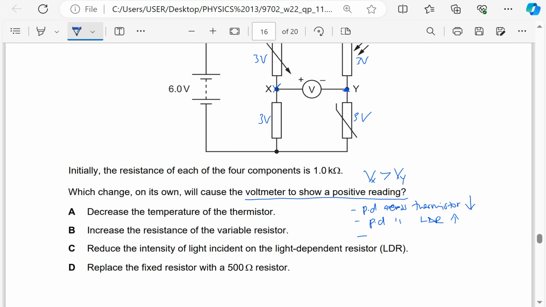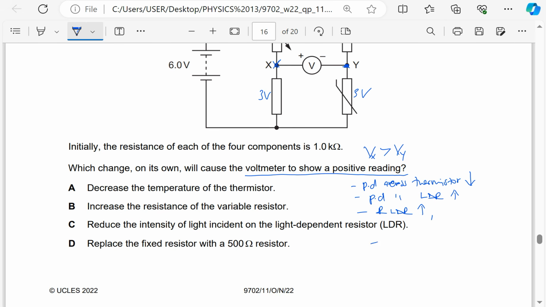For the PD across the LDR to increase, its resistance must increase. So resistance of the LDR should increase. And if the resistance is to increase, then the light intensity must decrease.